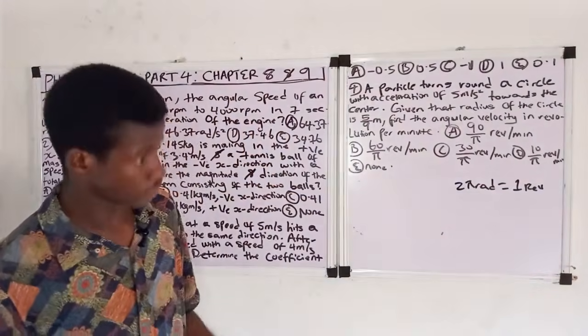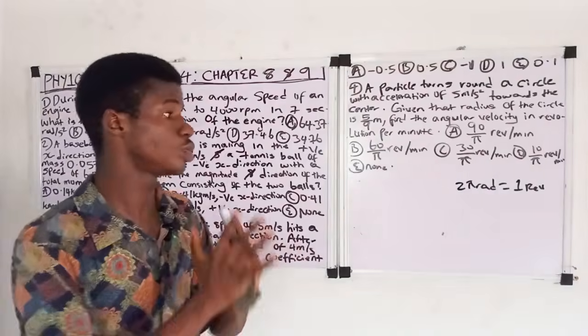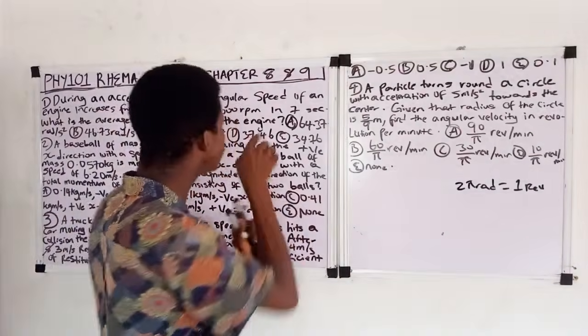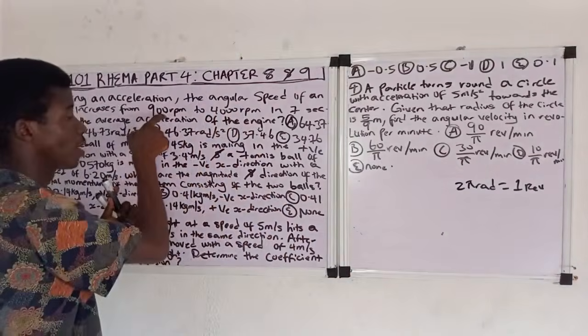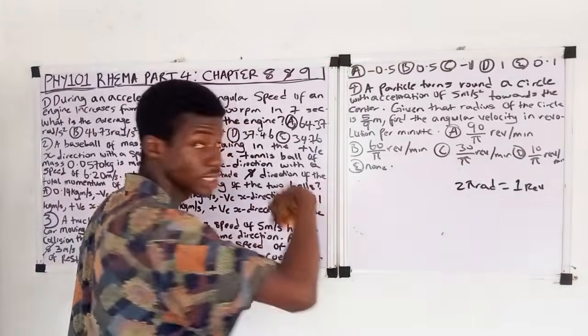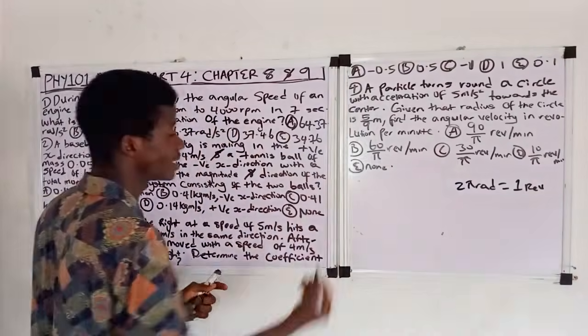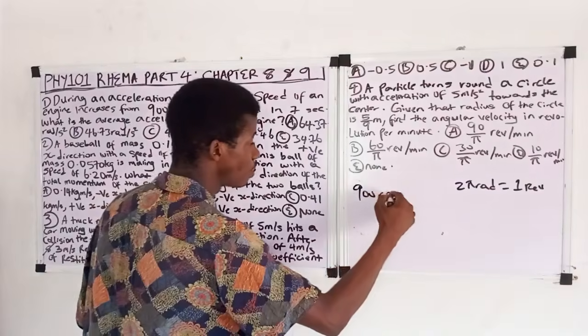Now if you look at the angular velocity, it is in revolution per minute, so 900 revolution per minute.